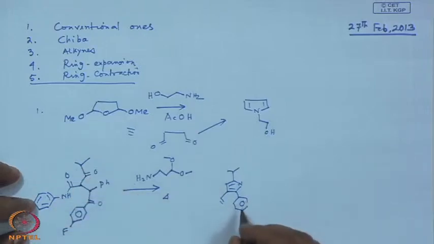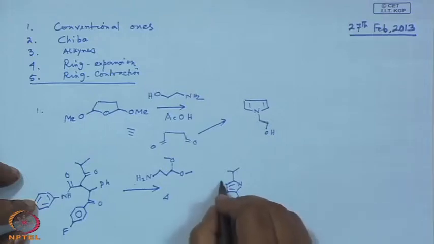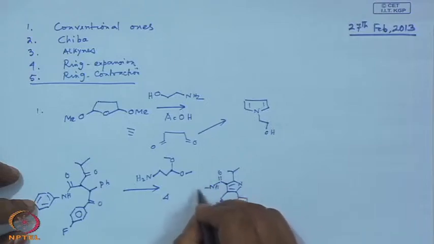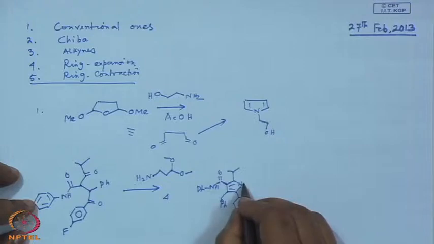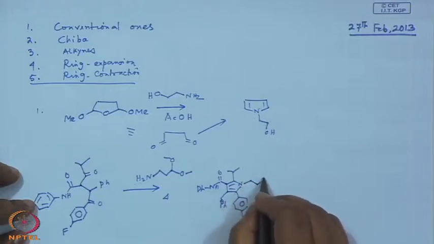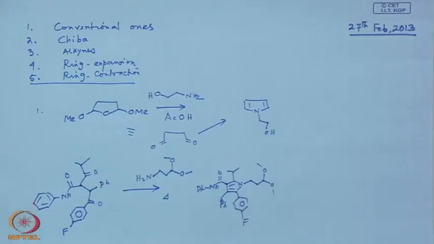Okay. So, this should be a fluorophenyl here, and this should be phenyl, and this is CONH, and this is again phenyl, and then you have this nitrogen, this one Me, OMe and OMe.